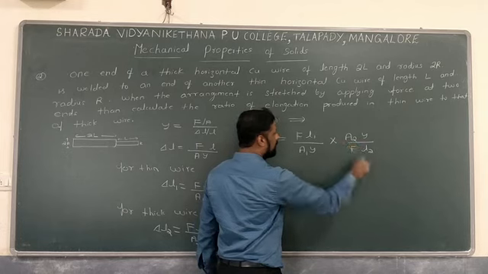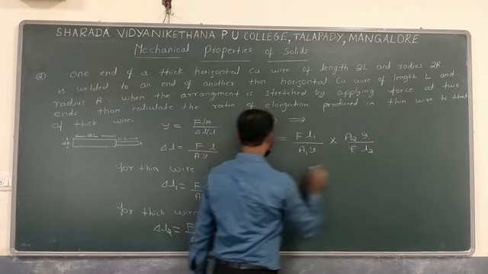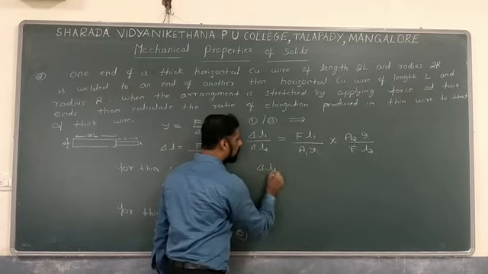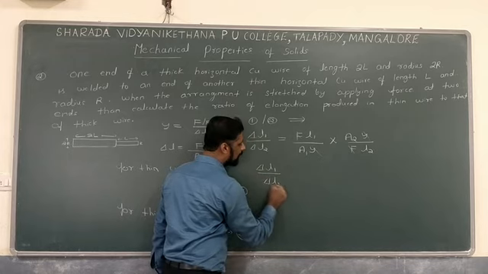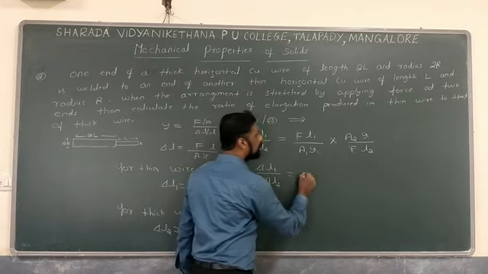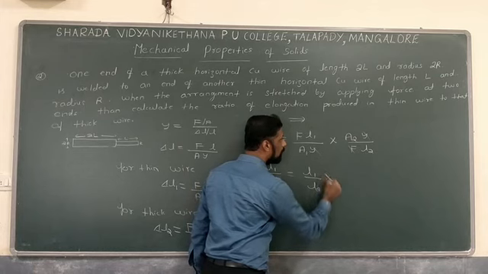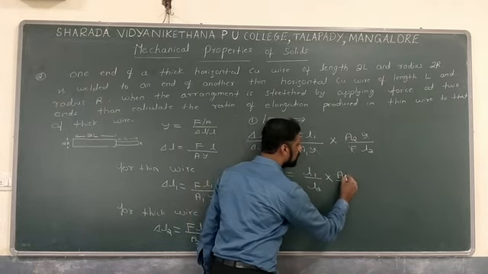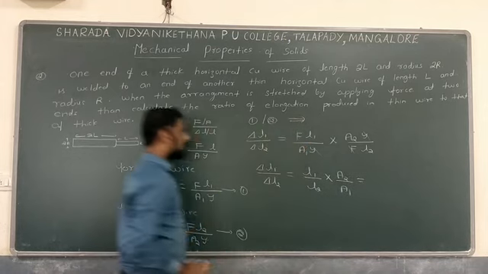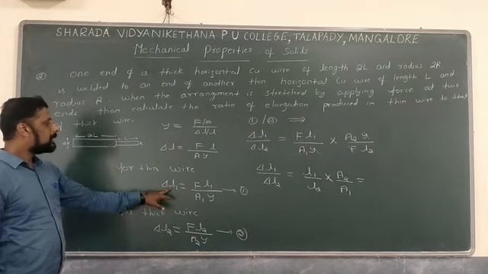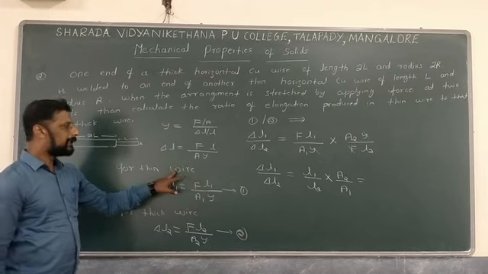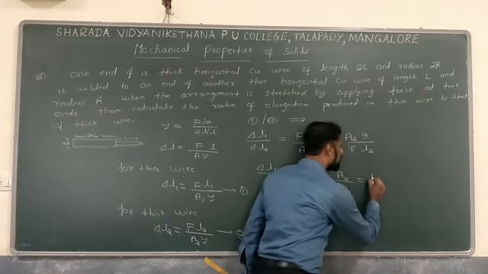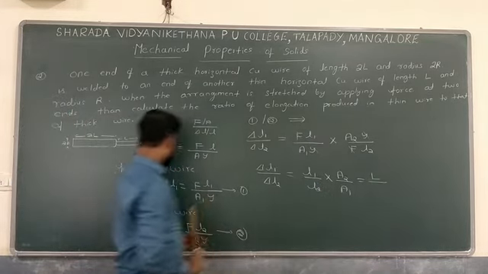F is the same since the same force is applied, and Young's modulus is also the same. Then the ratio delta L1 divided by delta L2 is equal to L1 by L2 into A2 divided by A1, where L1 is the original length of the thin wire, that is L, divided by L2.